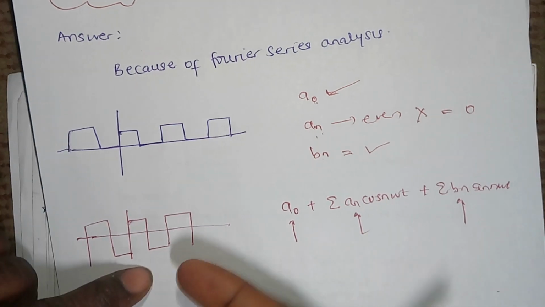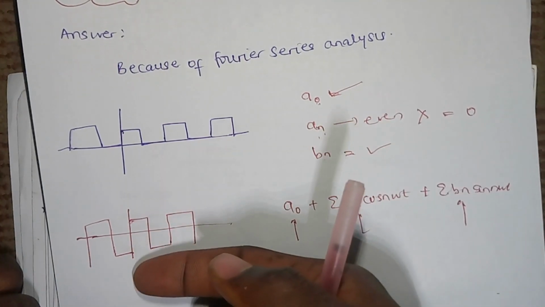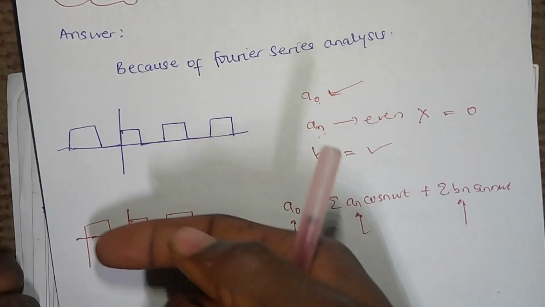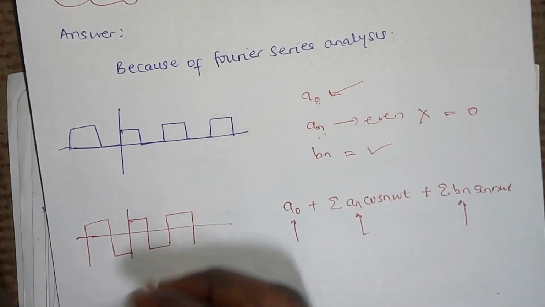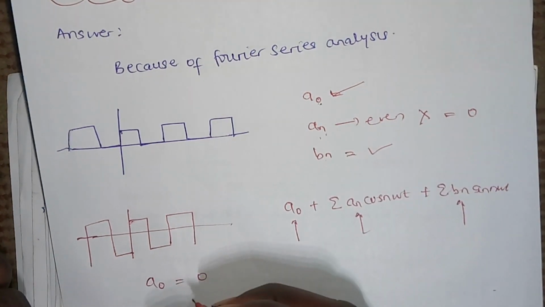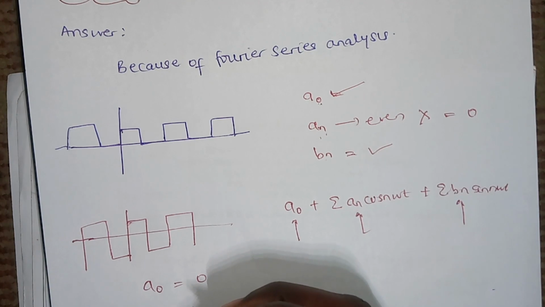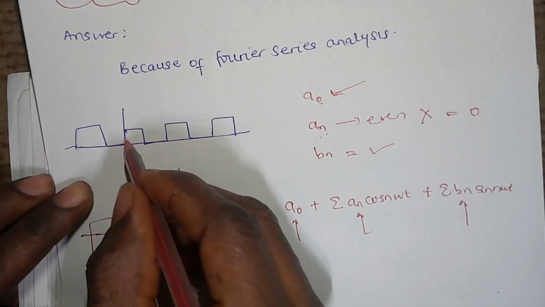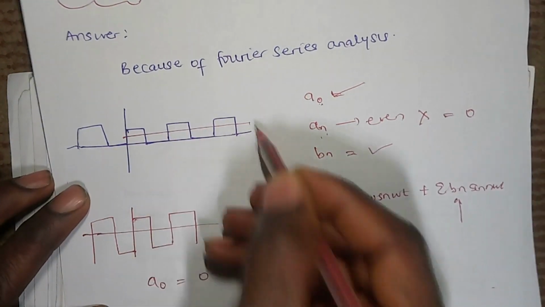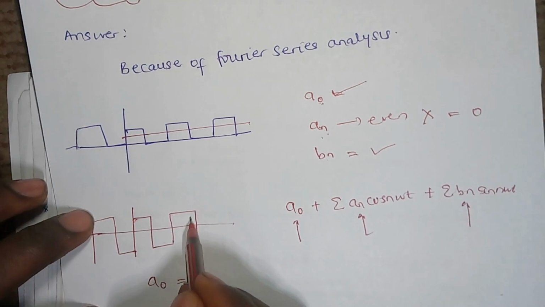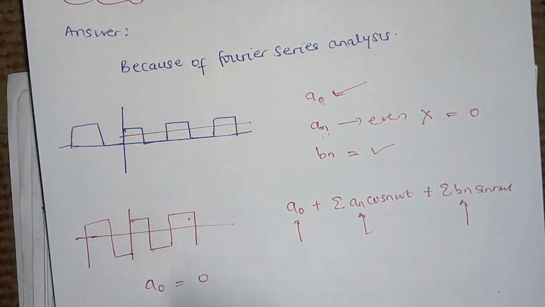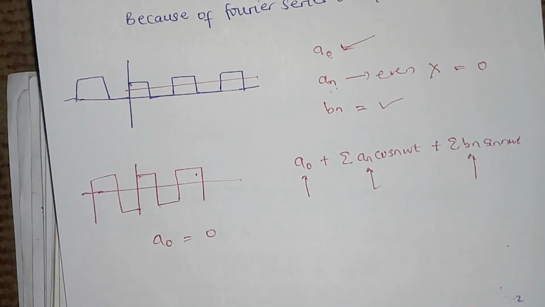So if the signal exists in the upper side and the lower side of the time axis, then A naught is equal to 0, because we are looking for a constant value or an average value, since A naught is often the DC average value of a signal. But this upper part is equal to this down part, and it's going to cancel. In essence, A naught is 0.